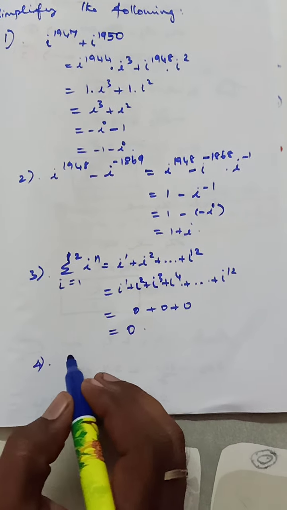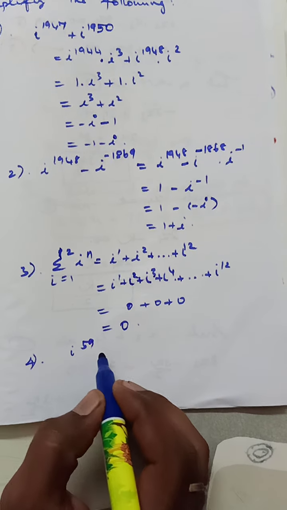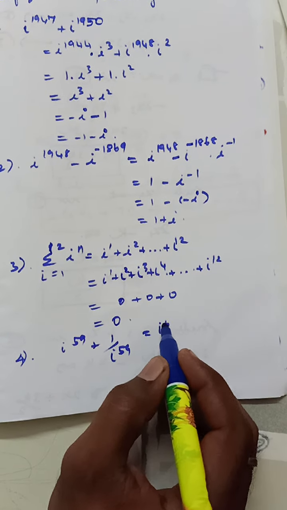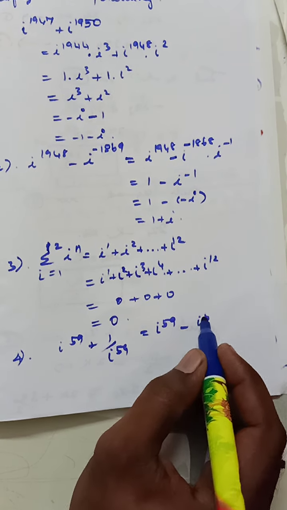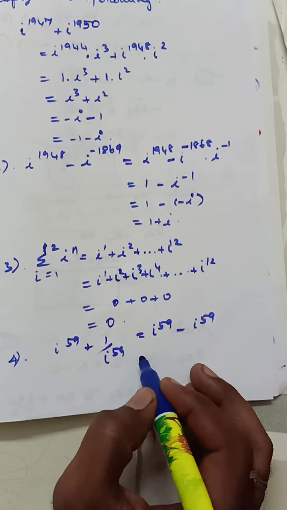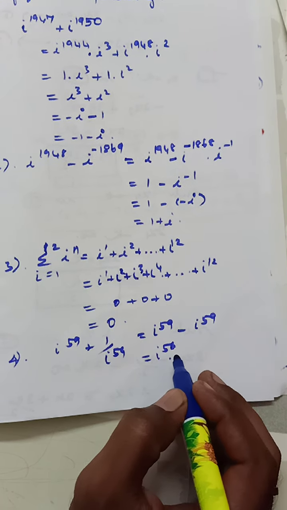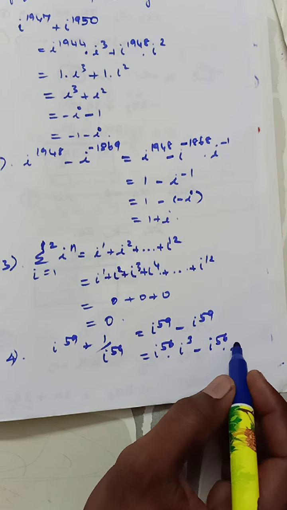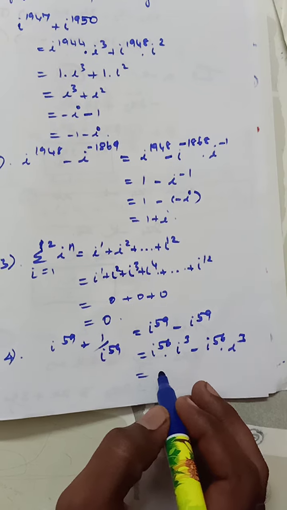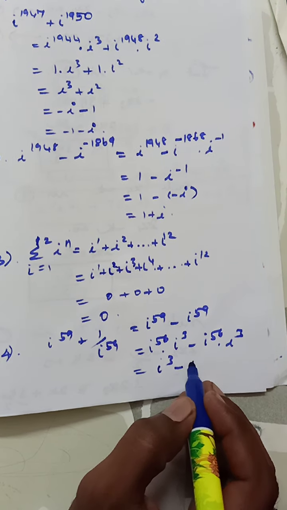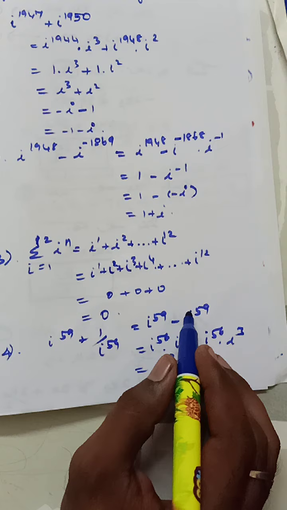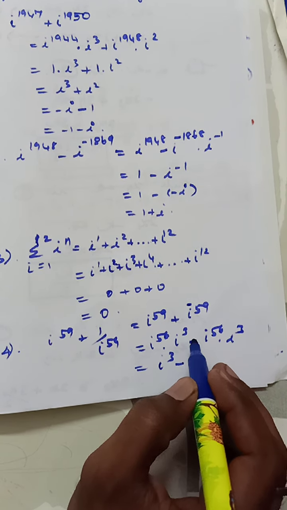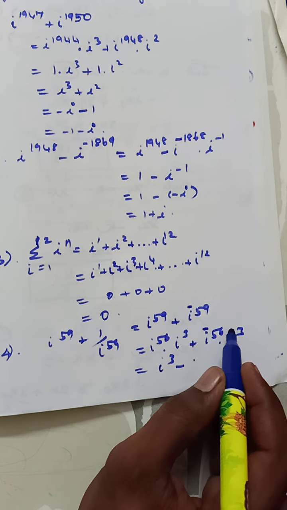Your fourth question: i⁵⁹ + 1/i⁵⁹, that becomes i⁵⁹ + i⁻⁵⁹. So it becomes i⁵⁶, a multiple of 4, into i³, plus i⁻⁵⁹, which we can write as i⁻⁵⁶ minus 3.